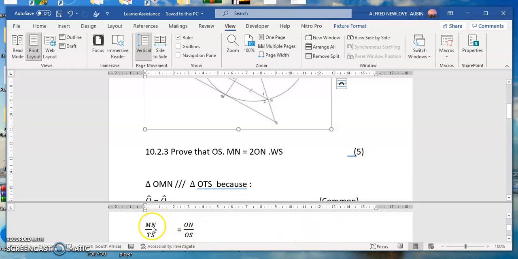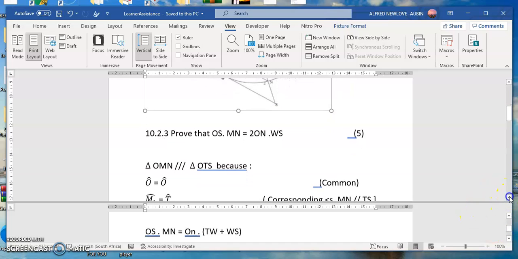Then you cross multiply. If you multiply the two, OS will multiply MN, then ON will also multiply TS. Then what are we going to have? Let me bring it up for us to see.